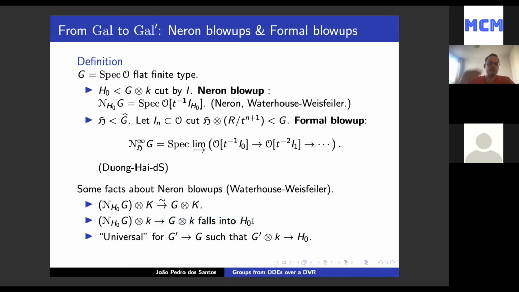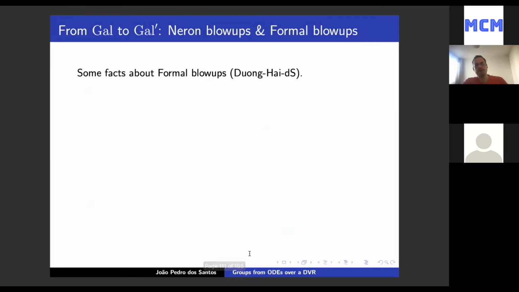It means that if I have another group scheme which has a special fiber sitting inside H naught, then it has to factor through the Néron blowup. And the very nice property is that the kernel is an abelian group scheme. So this is rather nice. And some facts about the formal blowup, which we studied. The first one is the most obvious one. It's usually not of finite type because you are joining a lot of stuff.